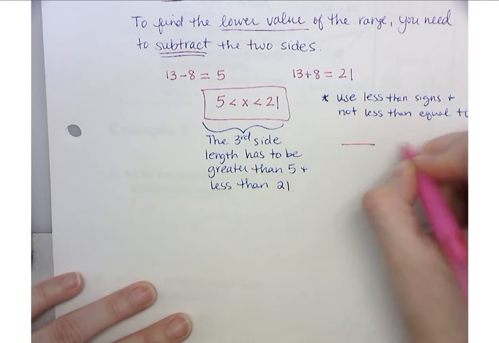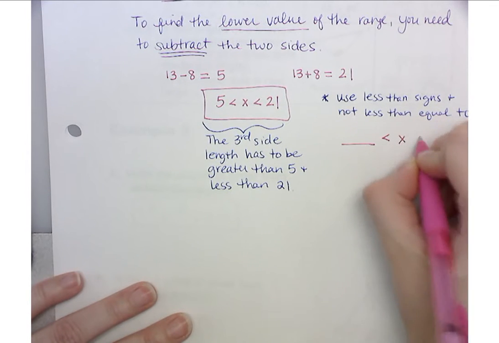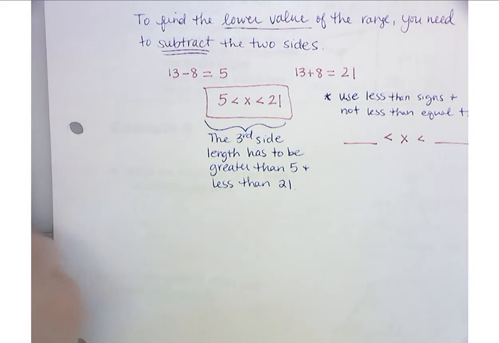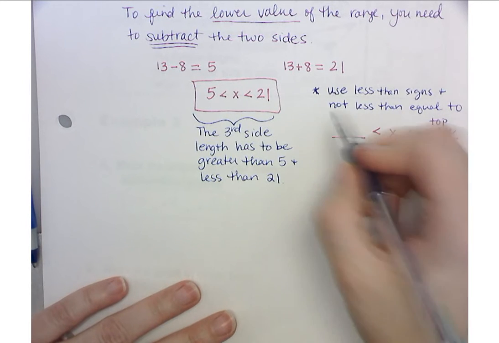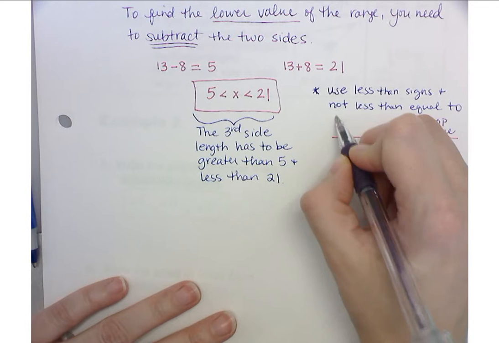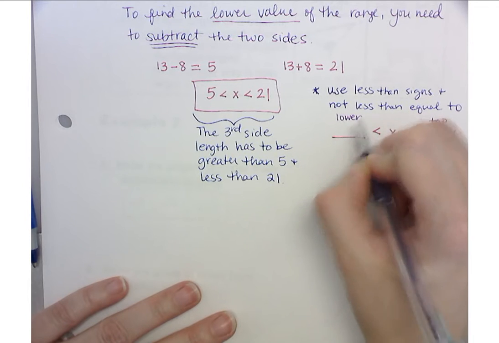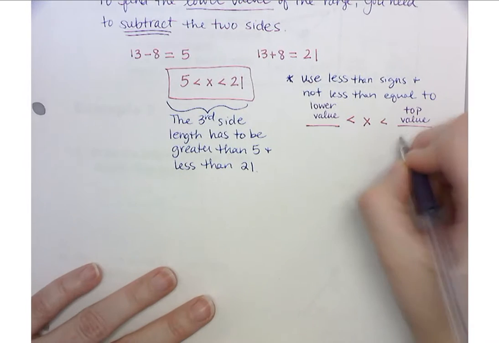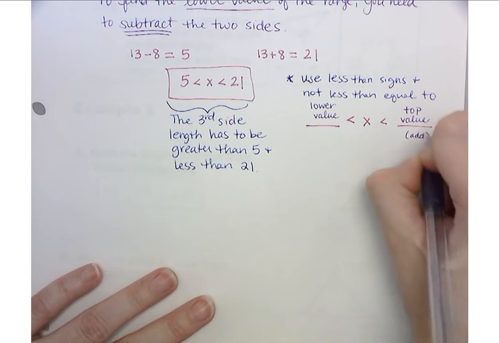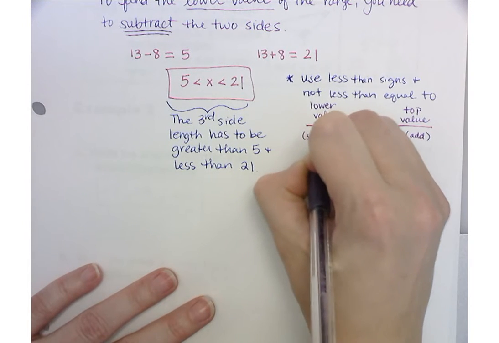It's going to be a value is less than x, which is less than another value. And this would be your top value. This would be your lower value. Okay, so the top value, you add to get that, subtract to get lower.